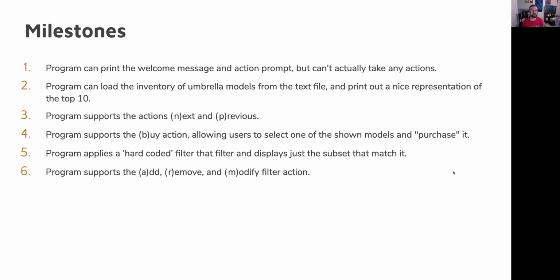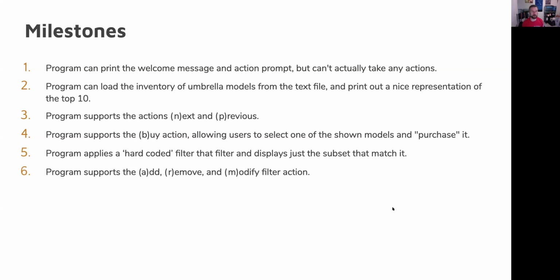Number 4, the program should support the buy action, allowing the users to select one of the shown models and purchase it. So again, buy. And by the way, if you're confused as to what you should be taking notes on, as I'm explaining things, write down what you need to in order to best remember what you should be doing. So for milestone 4, the buy action, you need to do a couple things. You need to allow the user to select one of the models.